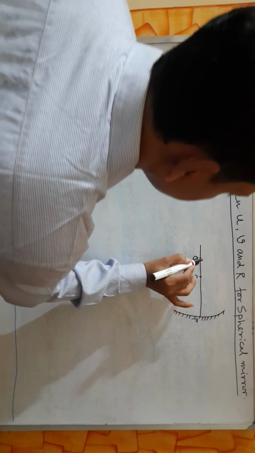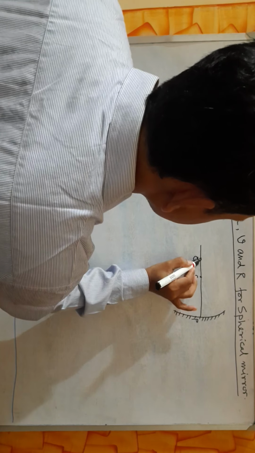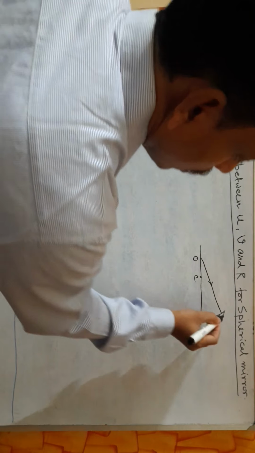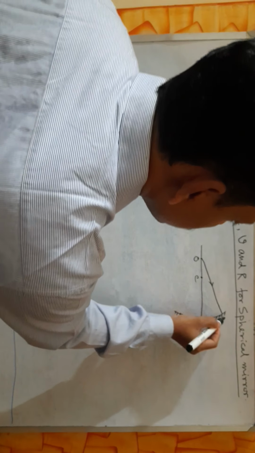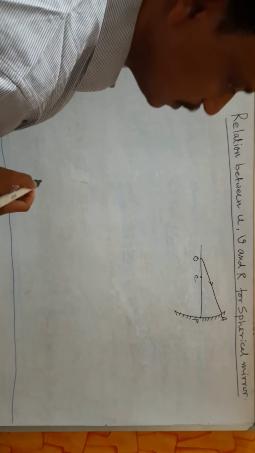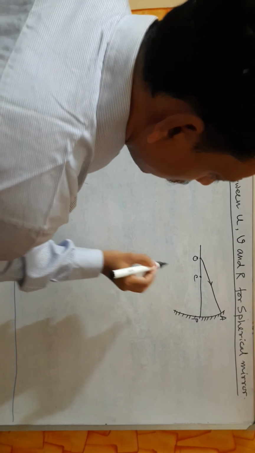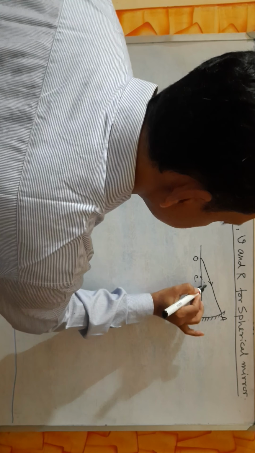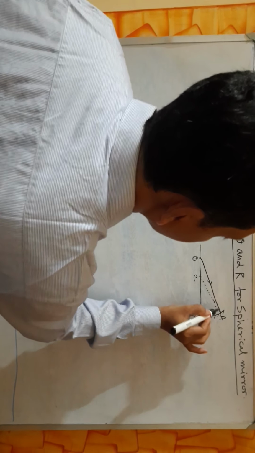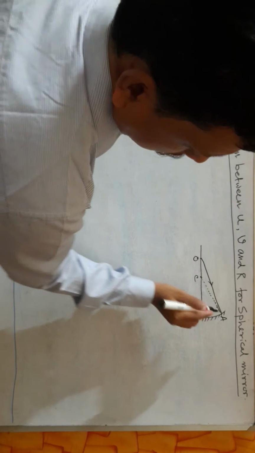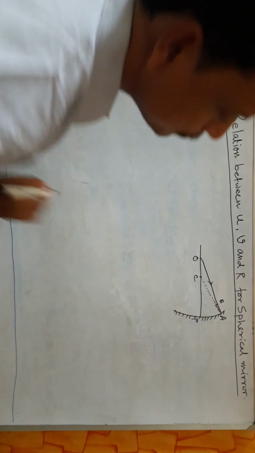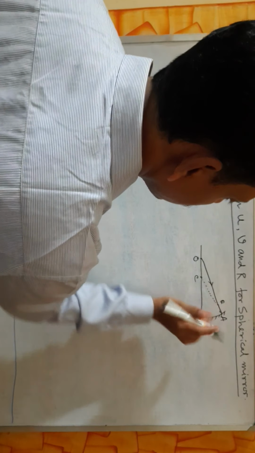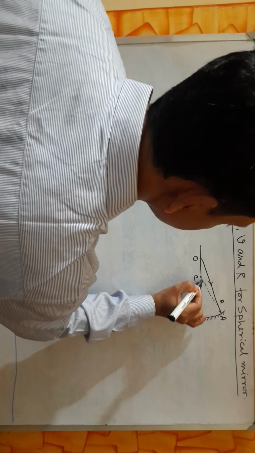An incident ray from O at the point of incidence A makes an angle of incidence theta.